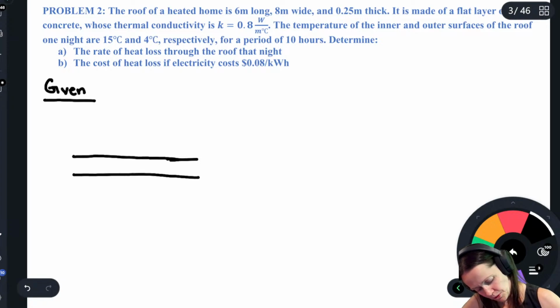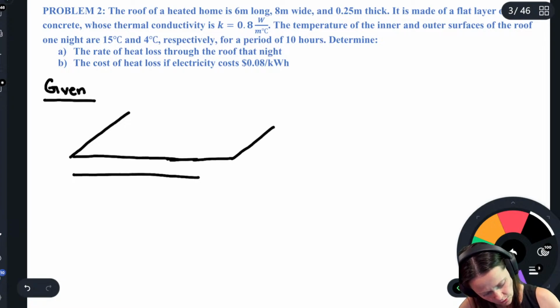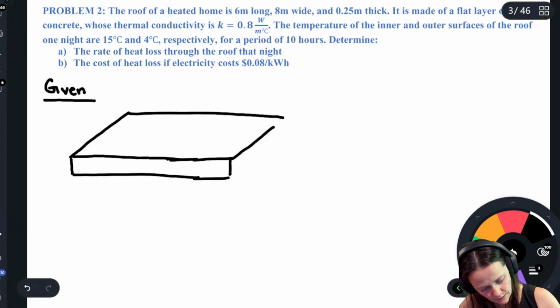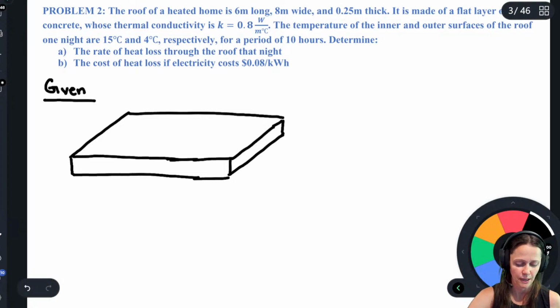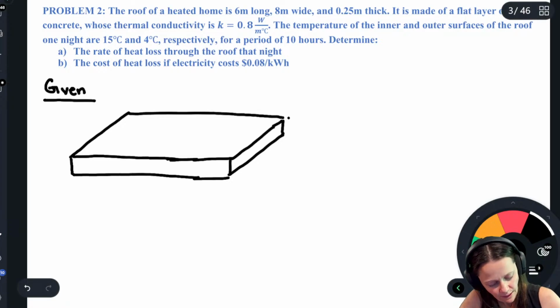Clearly not going to be drawn to scale. No, it's not drawn to scale, but I'm doing the best I can.